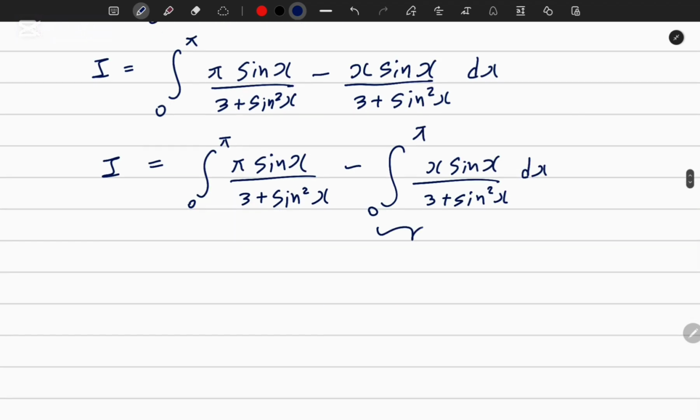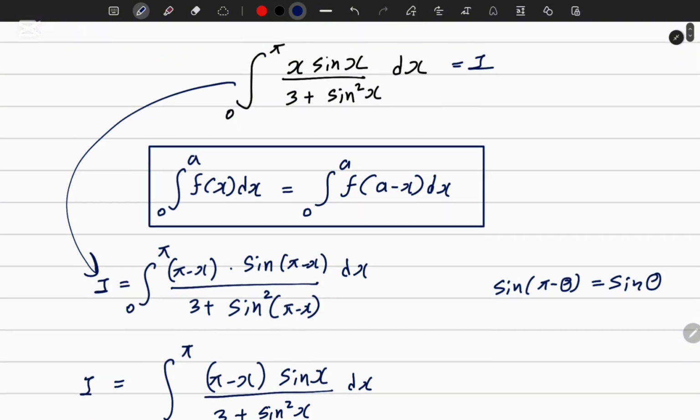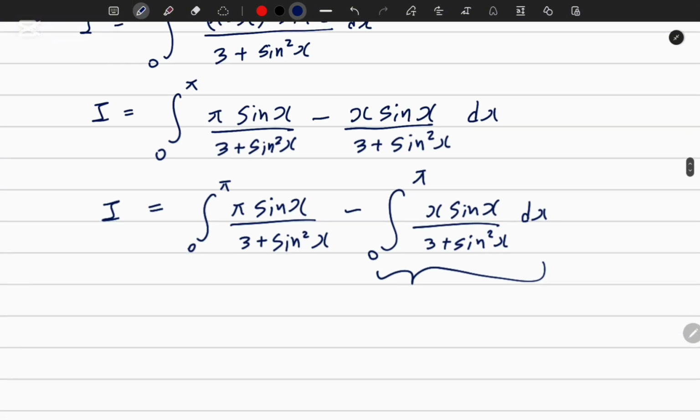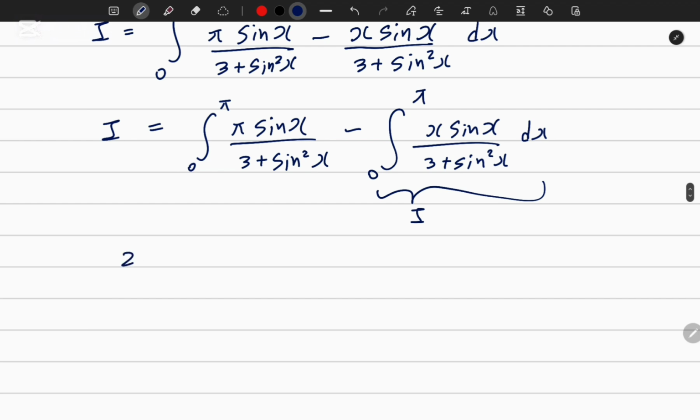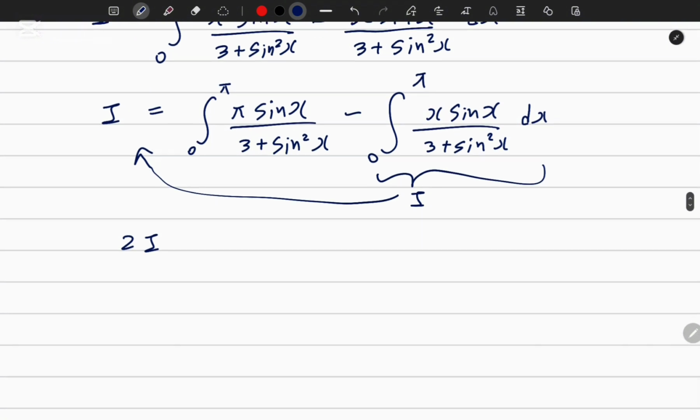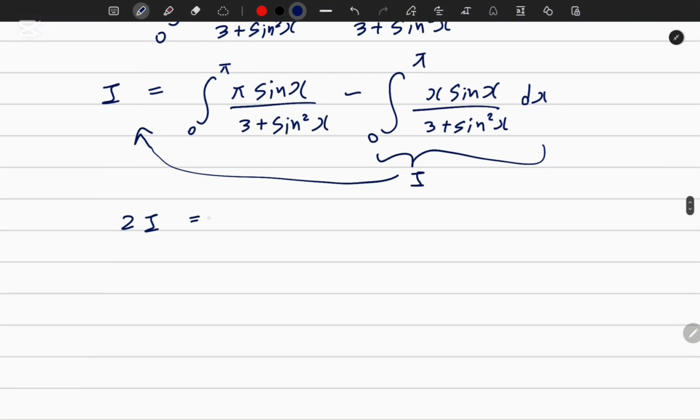This is also I, right? So I can write this as I. So 2I, I can take this side to this side, so 2I equals 0 to 5.